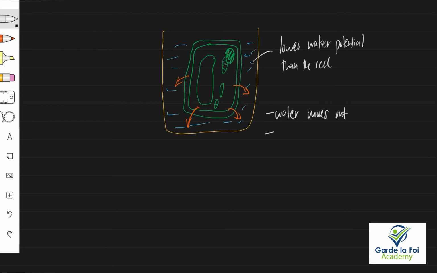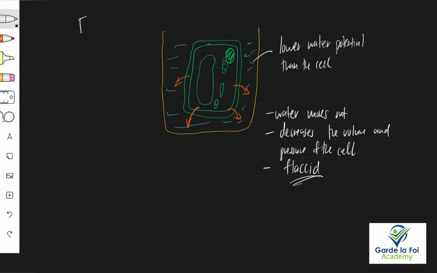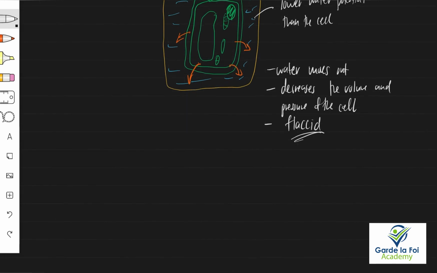Because water moves out, this decreases the volume and pressure of the cell, making the cell what we refer to as being flaccid. So the cell becomes flaccid, and this is called flaccid cells, where water moves out and the cell becomes, in a way, weak, but it has less volume and less pressure.